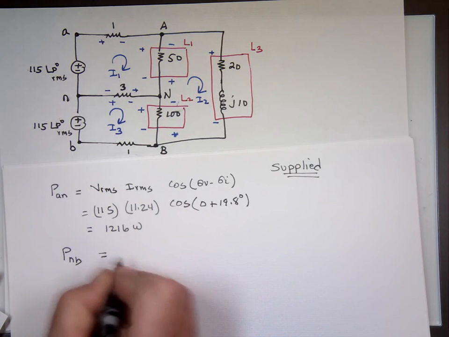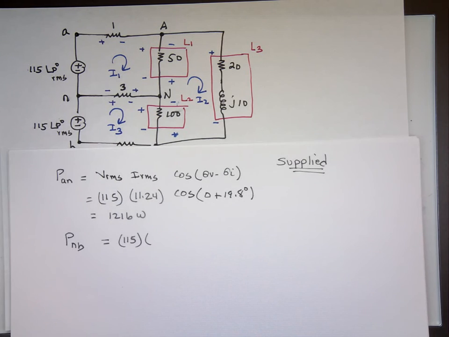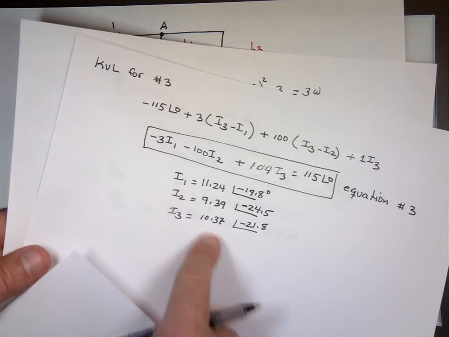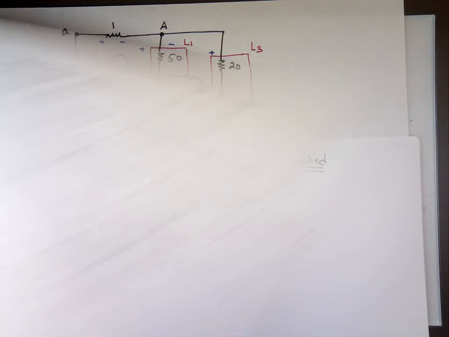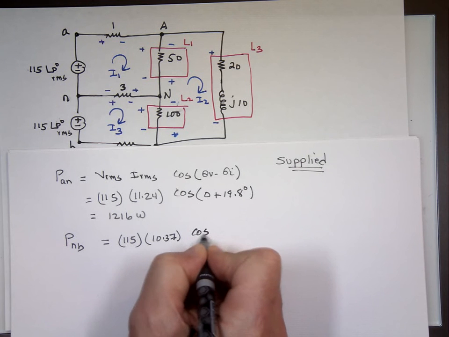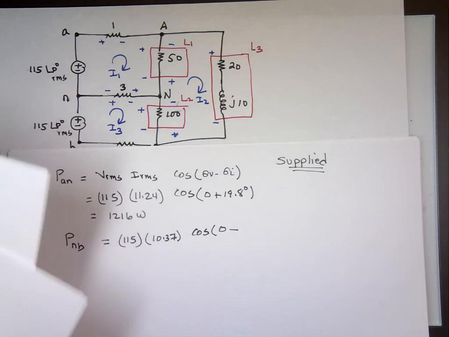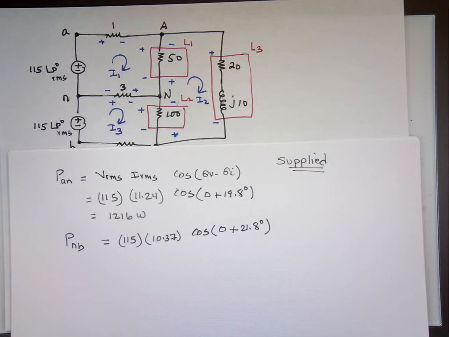It's 115 times the current I sub 3, in case you forgot what I sub 3 was, because I forgot, 10.37 angle negative 21.8. 10.37 times cosine of 0 minus negative 21.8, that becomes a plus 21.8 degrees. 115 times 10.37 times cosine of 21.8 is 1107.